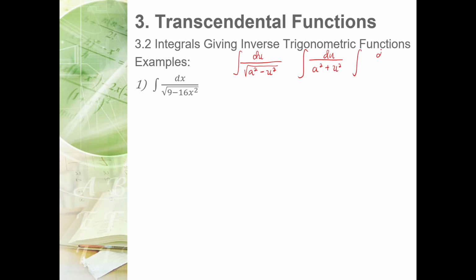Then the other one is du all over u times the square root of u squared minus a squared. Looking at the three formats, what follows the given equation is the first one. Notice that it's in the format of a squared minus u squared, with a being the constant.